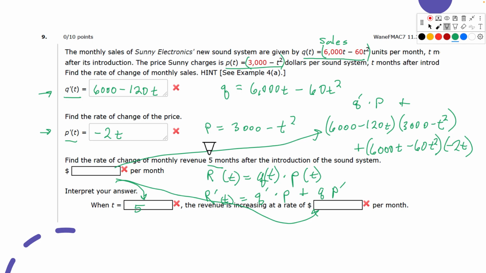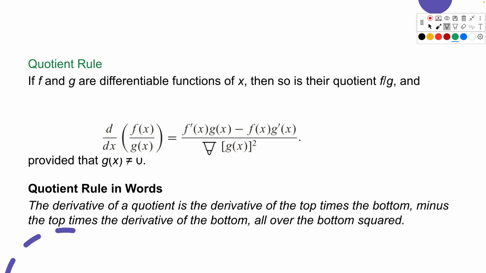I just wanted to show you that sometimes in the homework they're actually helping us out and setting it up. So you take the derivatives individually, and then when we're going to multiply, we just have to come over to this formula: derivative of one times the original of the other, then the derivative of the other with the original of the first. So now we're ready for the quotient rule.